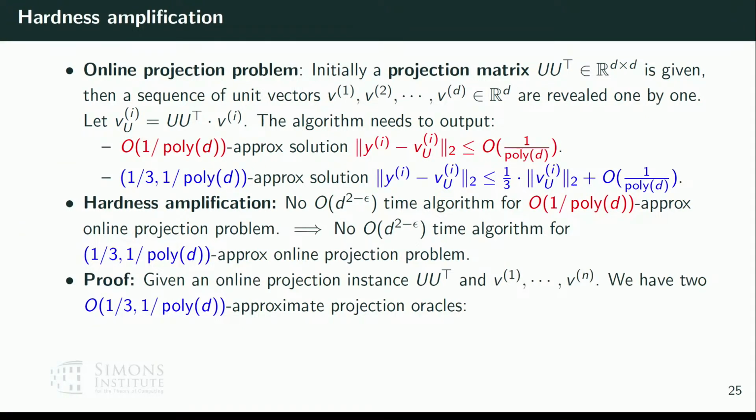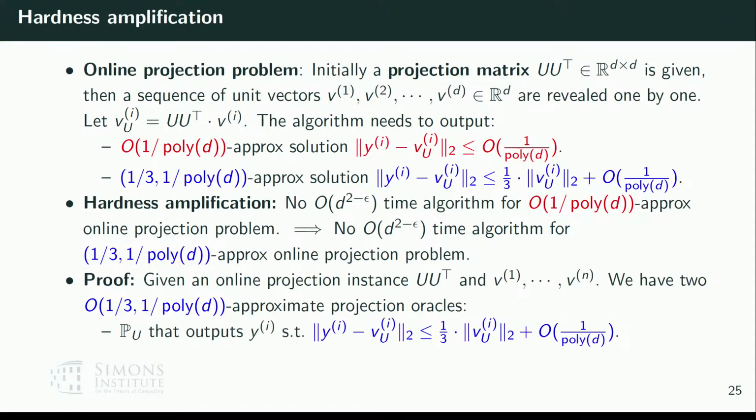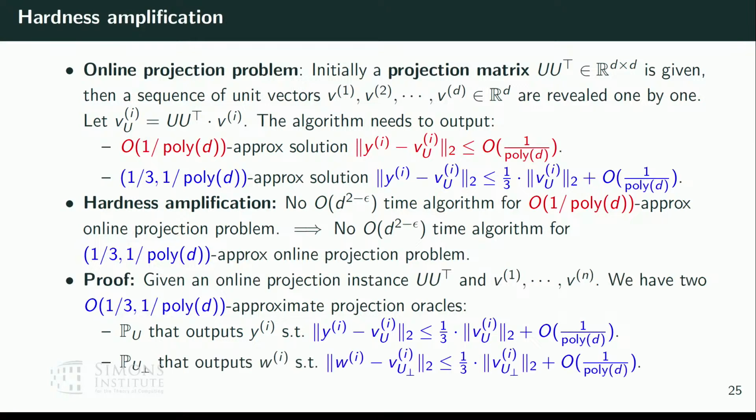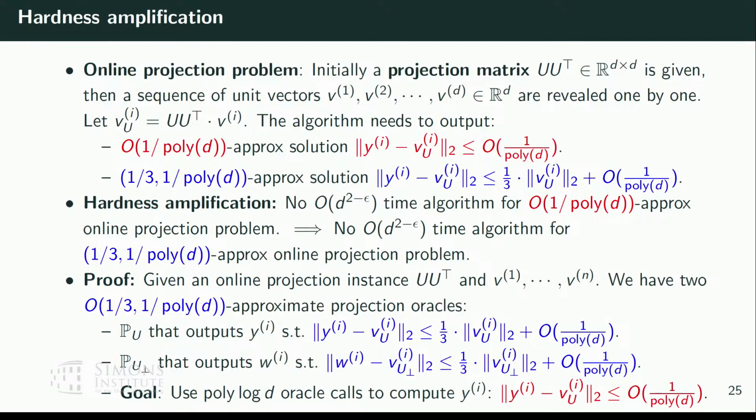We assume that we have two oracles, one that projects the vector into the subspace of U, and another one that projects the vector into the orthogonal component of U, which I will denote by U orthogonal. And we will use polylog number of oracle calls to these two oracles in order to recover a vector that has a higher accuracy.